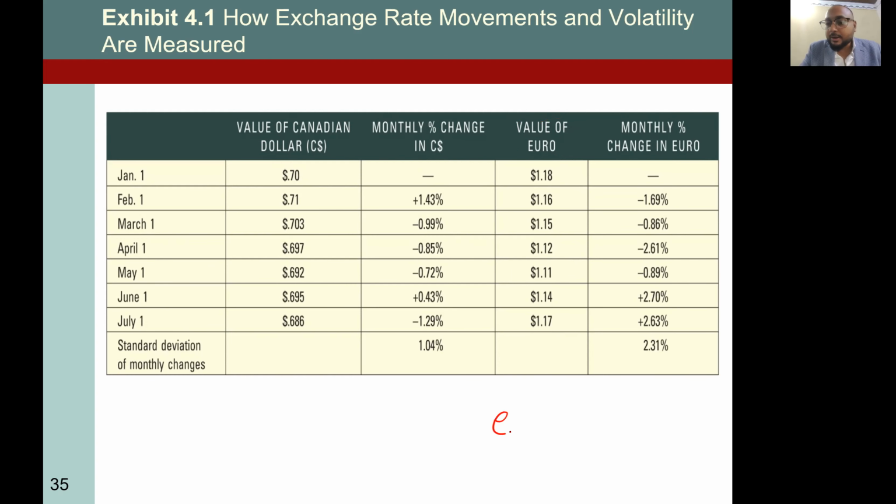If the exchange rate of the euro is depreciating from January 1st to May 1st, then on that same day the exchange rate of the dollar is appreciating, because both currencies cannot appreciate at the same time.